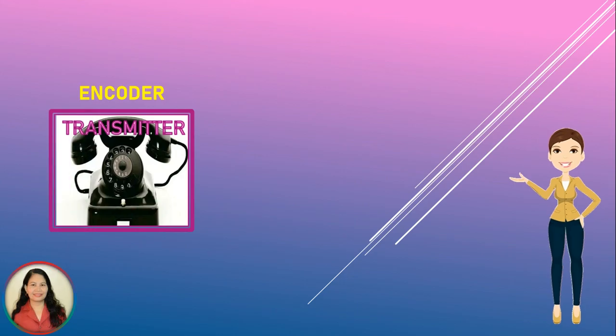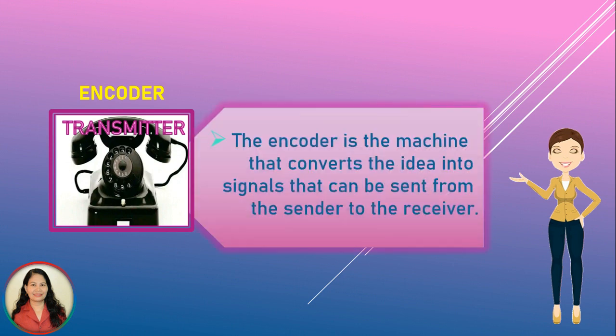The second step is the encoder or transmitter. The encoder is the machine that converts the idea into signals that can be sent from the sender to the receiver. This model was designed originally to explain communication through means such as telephone and computers, which encode our words using codes like binary digits or radio waves.